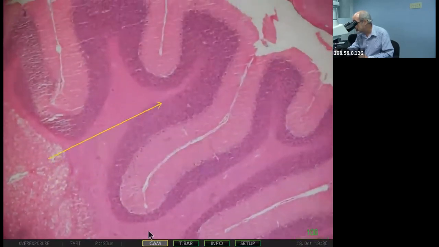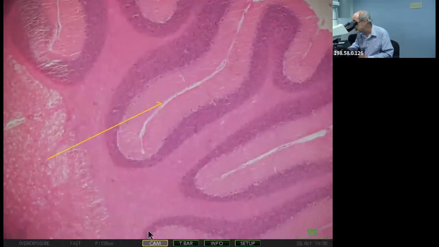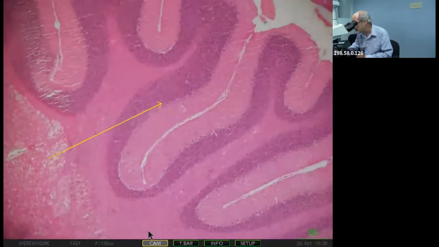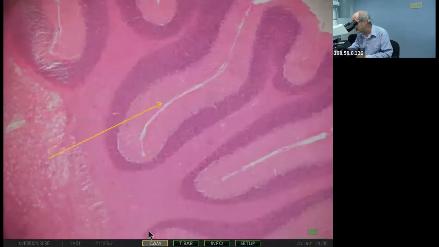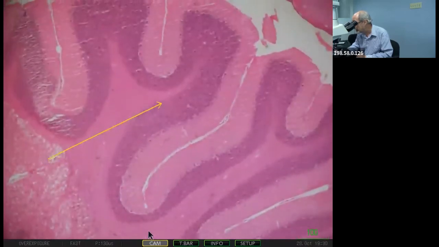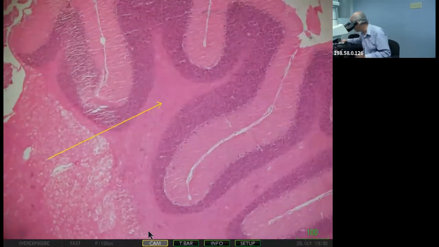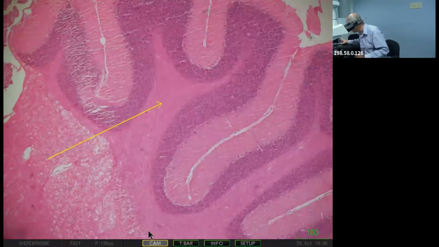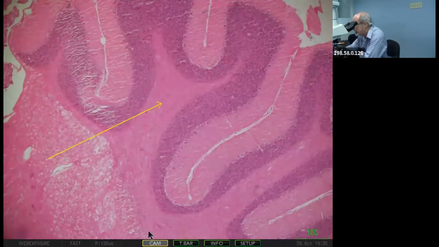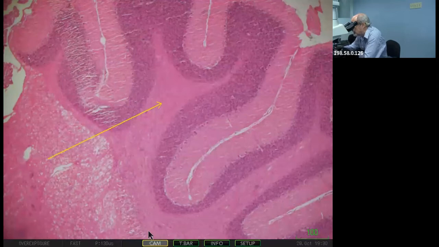Here it's a little bit more tricky because it's not as dense, but still it's your gray matter. And here you will have your white matter, which is more or less in the core of your cerebellum.